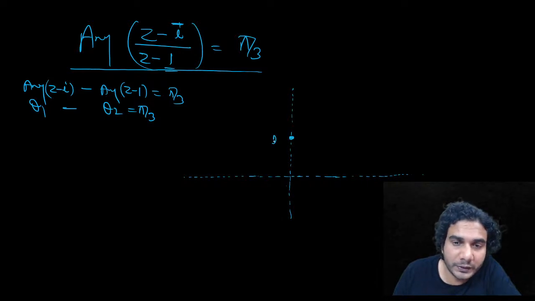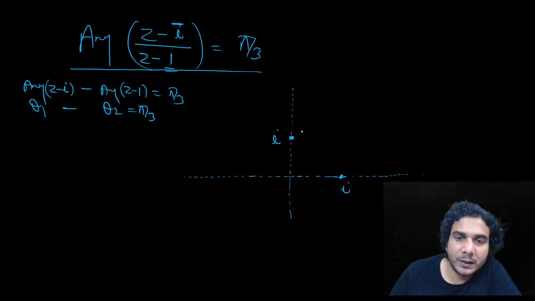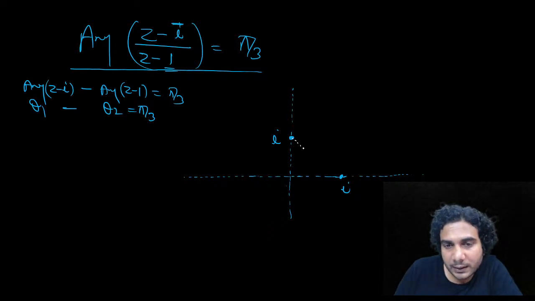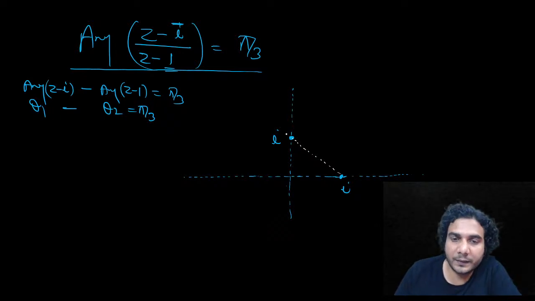So this is your iota and this is your 1. Now I'll plot it with some other color, say white. Let's take Z here. What I was saying is either the arc will be above this, that means in the first quadrant, or below, that means the origin side. So either this will be your answer.